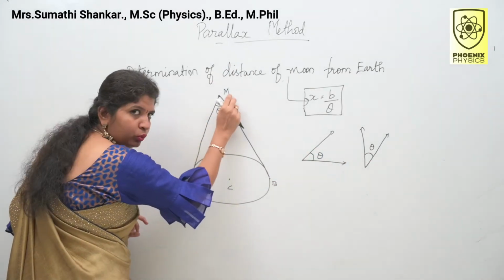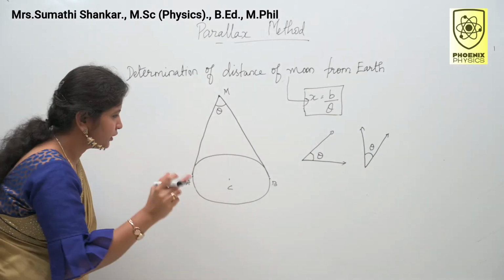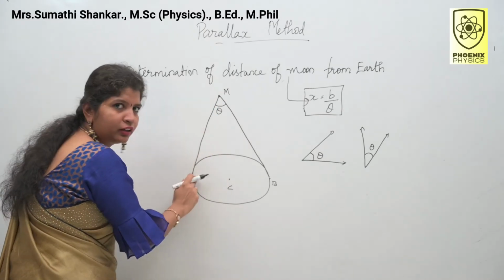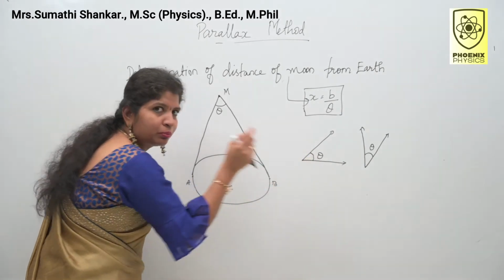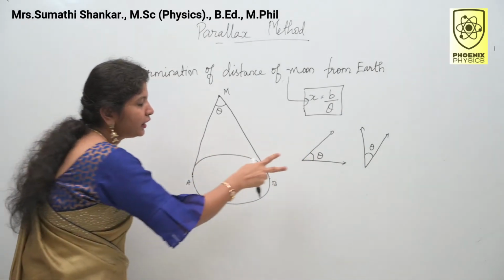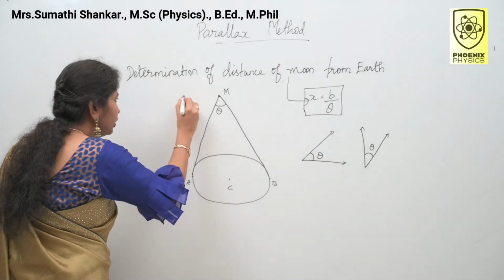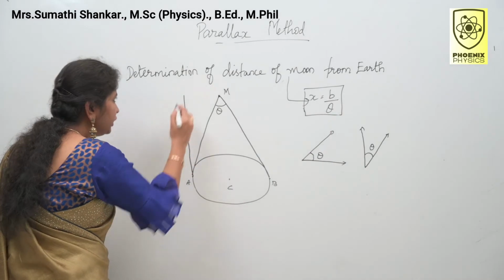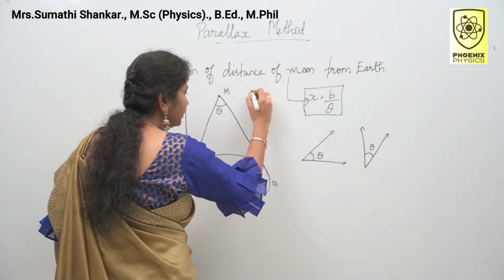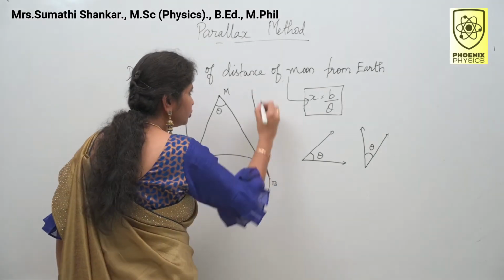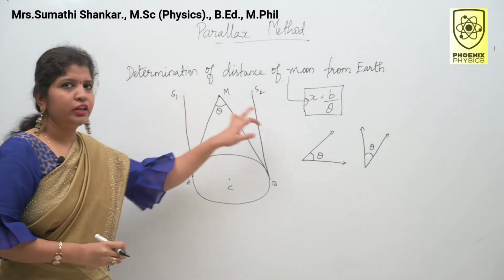View this moon from A with the help of an astronomical telescope. Here I have one line. I need another line because the inclination of two lines makes an angle. So I am taking one reference line S1 from A and another line S2 from B. How to choose S1 and S2?